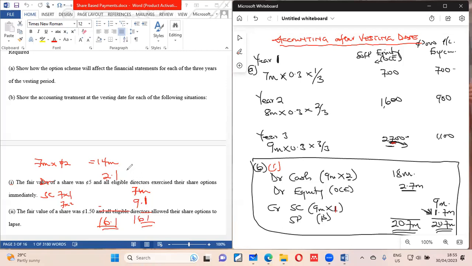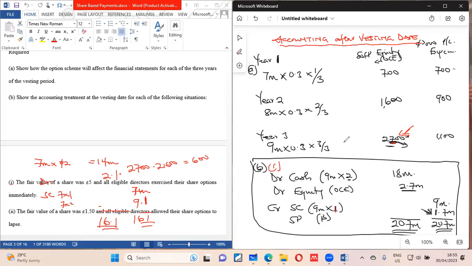So the difference of 2.7, out of which we've done 2.1, there is a 600 that is still seated inside the OCE here, a 0.6 million. That 600 is, in this case, what we say you may move from the OCE to retained earnings, if it is the policy of the company.